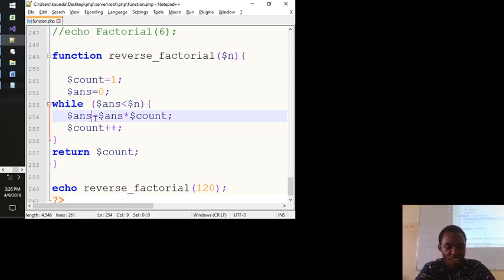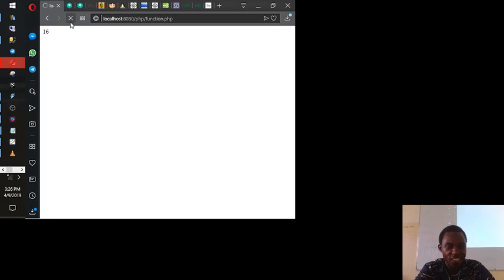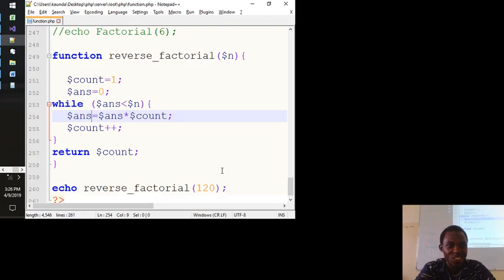It's looping. I'm not getting an answer. Let's look at it again. So let's say the initial value is this. Answer is 0. Okay, 0 times this will be 0.